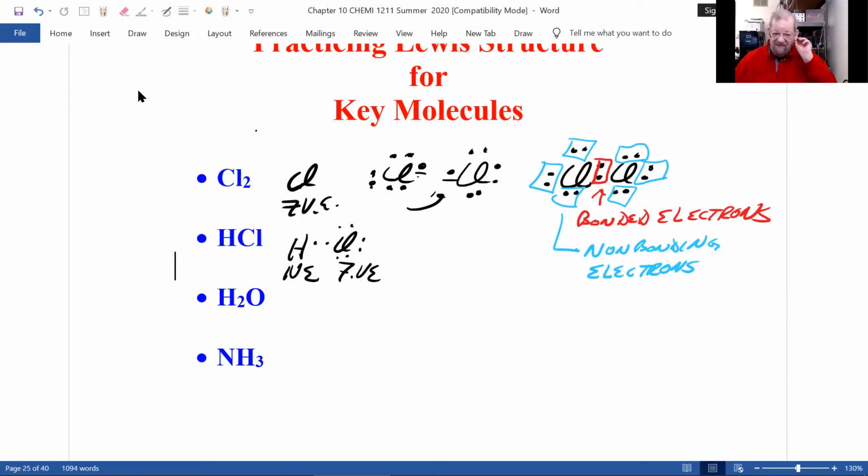Here we have one unpaired electron on hydrogen, one unpaired on chlorine, and the hydrogen says to the chlorine, hey, let's share electrons. And they do. And this would be the correct answer for the Lewis structure of hydrochloric acid, HCl.